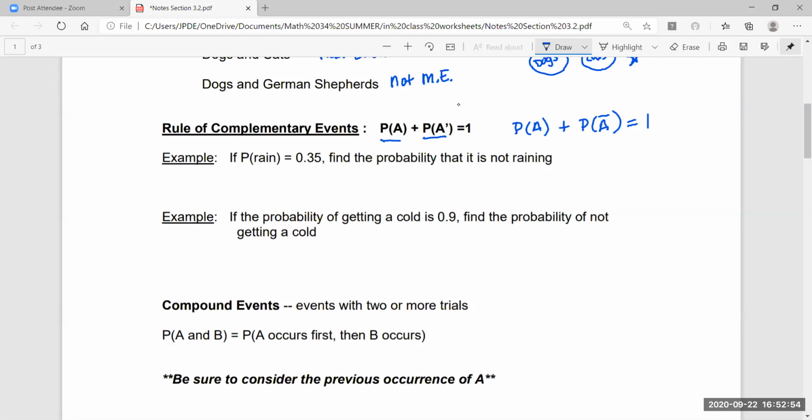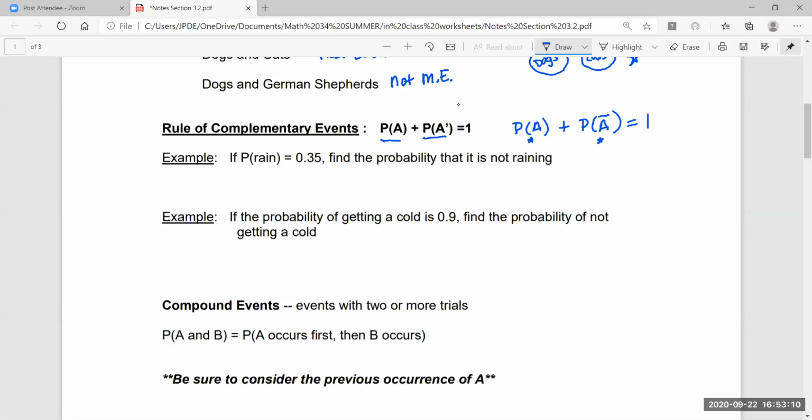That's because the highest any probability can be is 1. So you either will have this happening or this happening. When you add them up, you get all your possibilities.